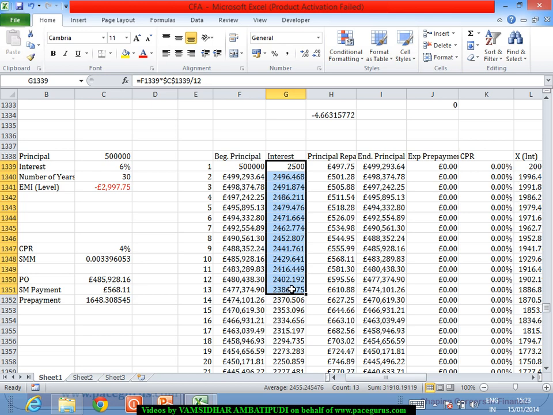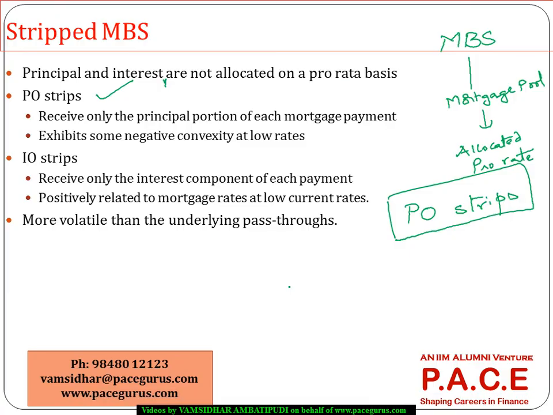That is the difference between the PO strips versus IO strips. PO strip investors receive only the principal from the underlying mortgage, whereas the interest only strip investors receive only the interest from the underlying mortgage.